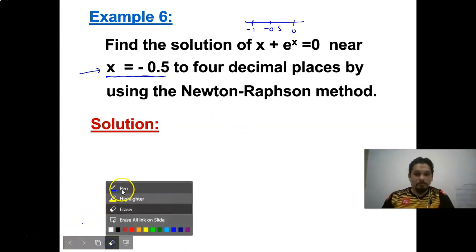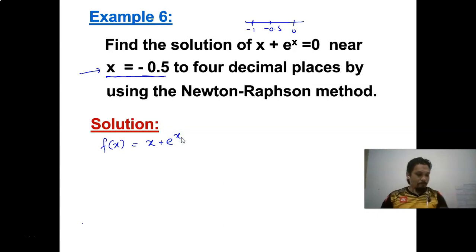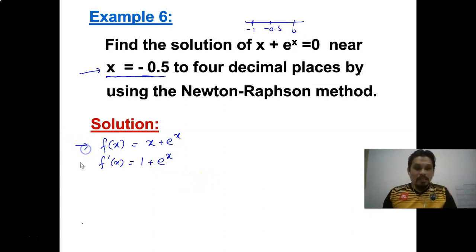So here now, f(x) equal to x plus e to the power of x. And then f prime x, differentiating, equal to 1 plus the derivative of e to the power of x, which equals e to the power of x. Why did I come up with these two?